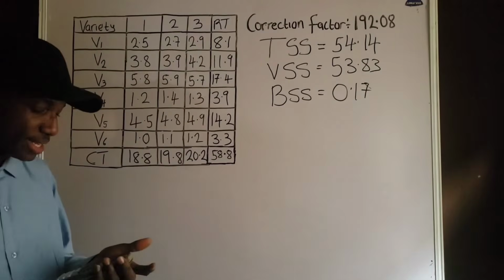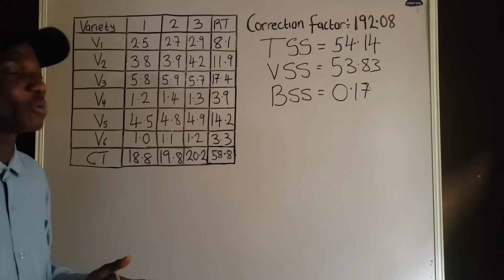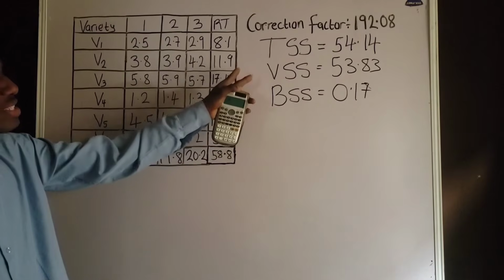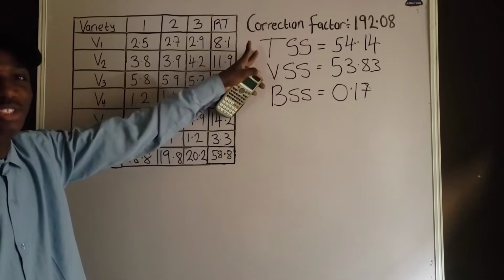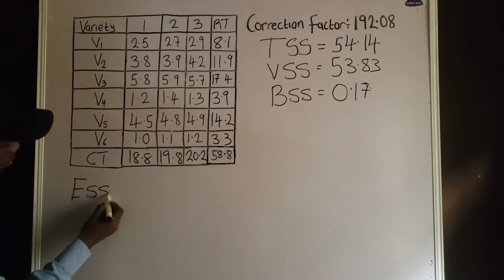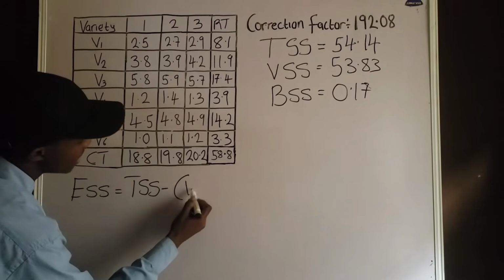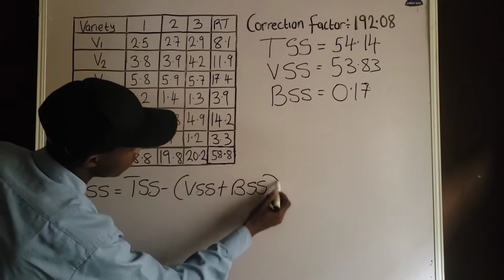After calculating the block sum of squared, the next step is to calculate the error sum of squared. The error sum of squared is gotten by subtracting the summation of variety sum of squared and block sum of squared from total sum of squared. So the error sum of squared is equal to the total sum of squared minus the sum of variety sum of squared and block sum of squared.